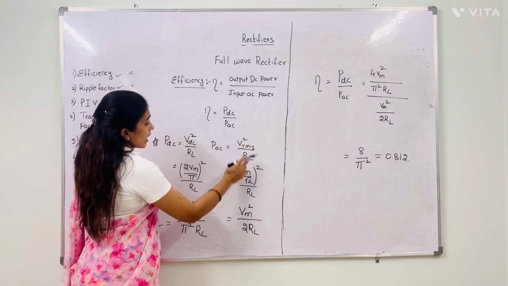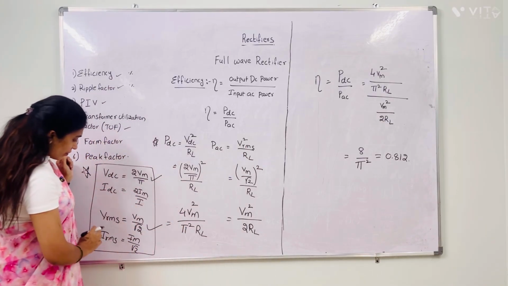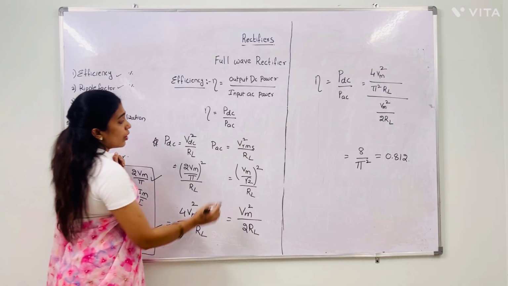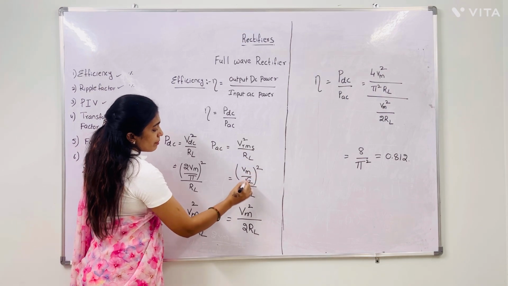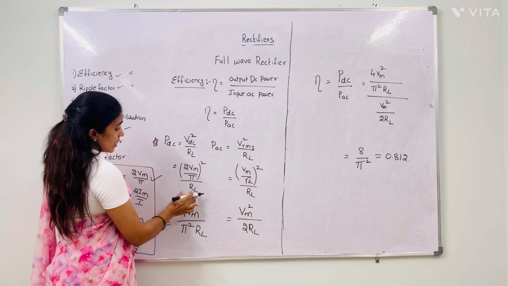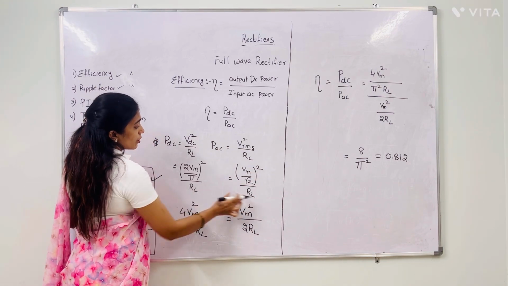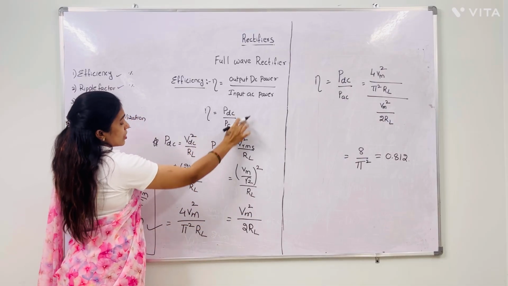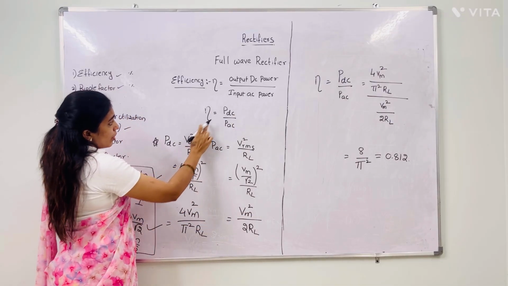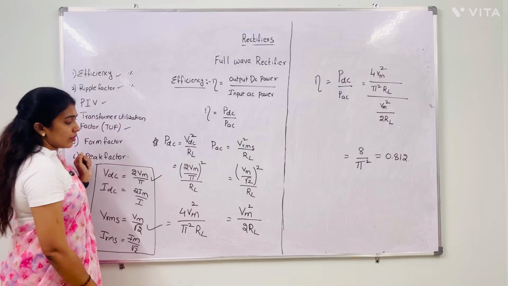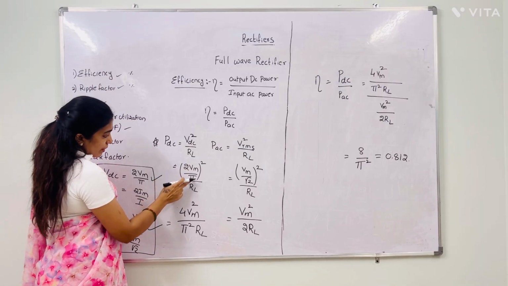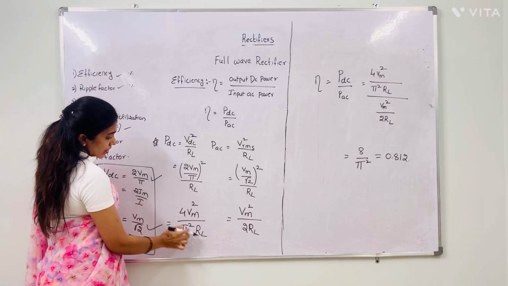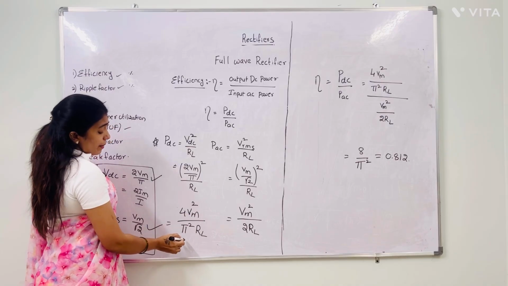Next, the V RMS formula is Vm by root 2, total formula whole square by RL. Substitute these two formulas in this equation, eta equals P DC by P AC. So here 2 Vm by pi, after simplification, we got 4 Vm square by pi square RL.